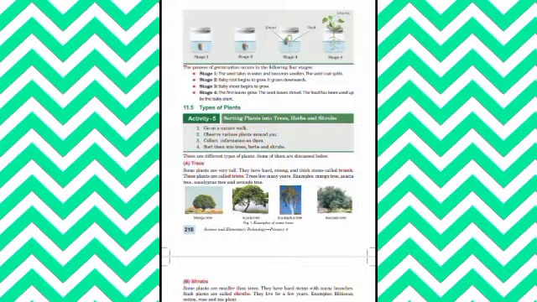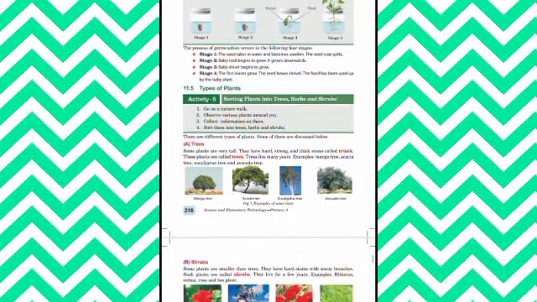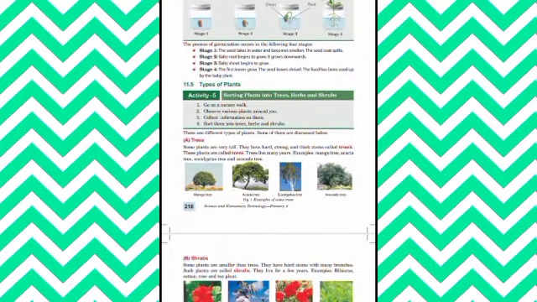The process of germination occurs in the following 4 stages, as we are looking at in our pictures. Stage 1, the seed takes in water and becomes swollen. These are the stage number 1. And stage number 2, baby roots begin to grow.